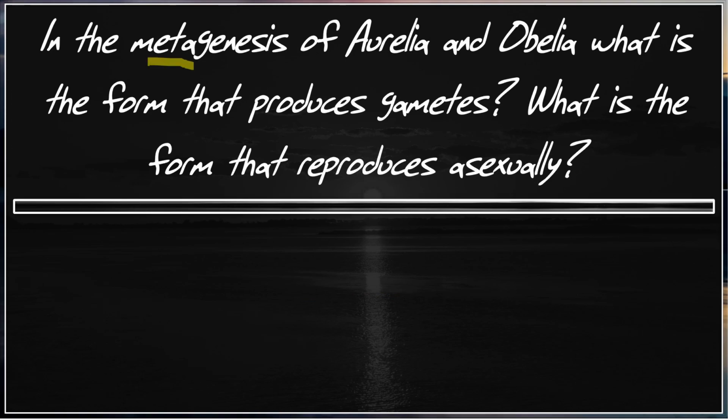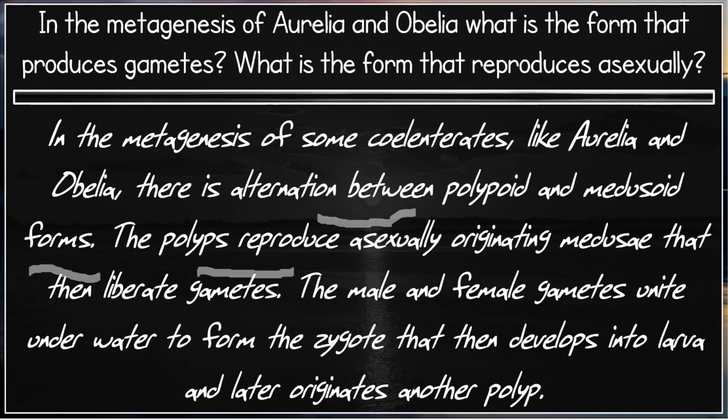In the metagenesis of Aurelia and Obelia, what is the form that produces gametes? What is the form that reproduces asexually? In metagenesis of some coelenterates like Aurelia and Obelia, there is alternation between polypoid and medusoid.